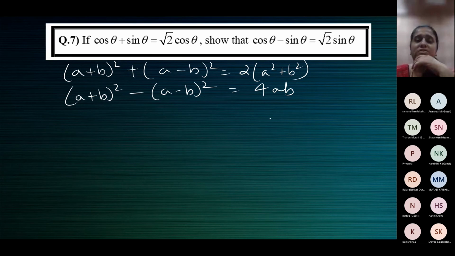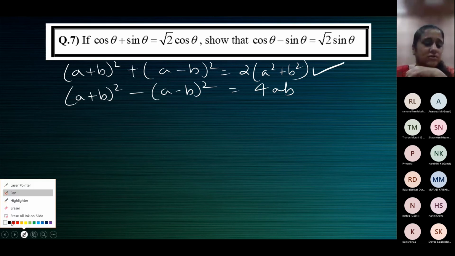We choose to use this one because of 2 of a square plus b square. A is cos theta, b is sin theta. So a square plus b square will be cos square theta plus sin square theta, which we know is 1. So for that convenience, we use this identity.